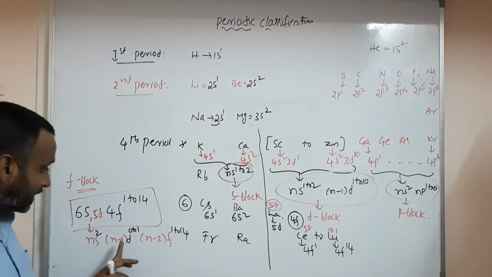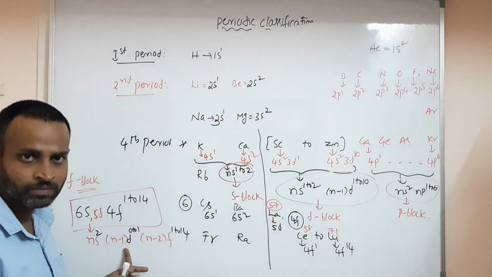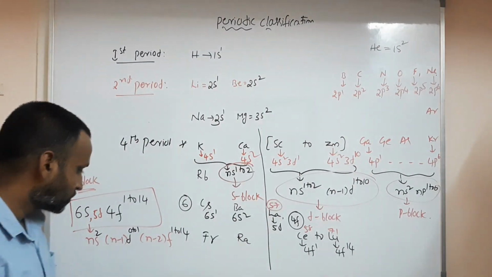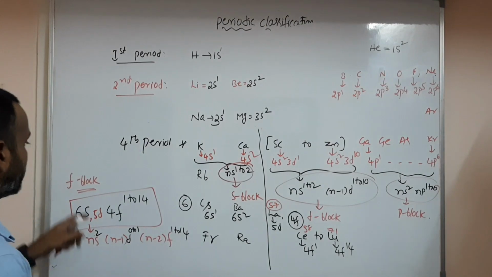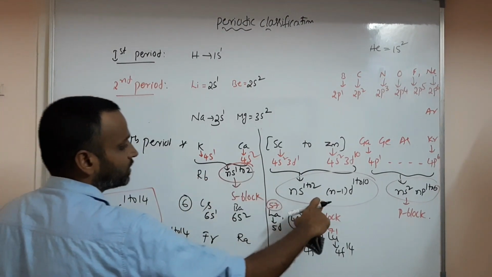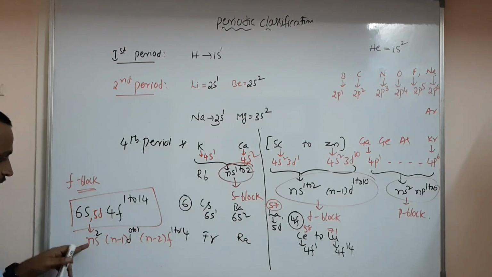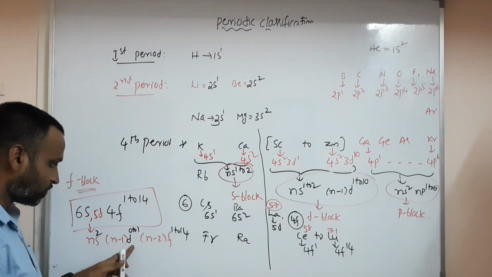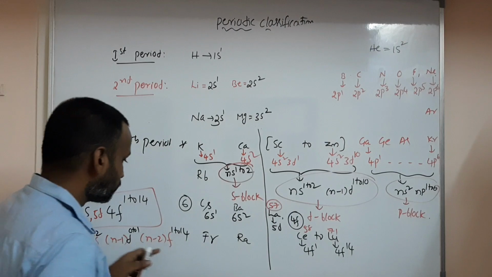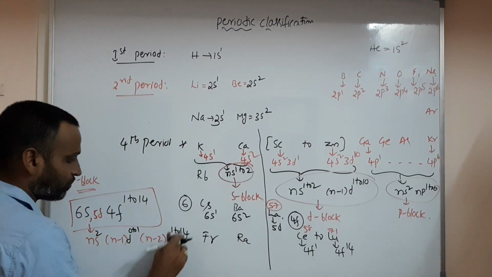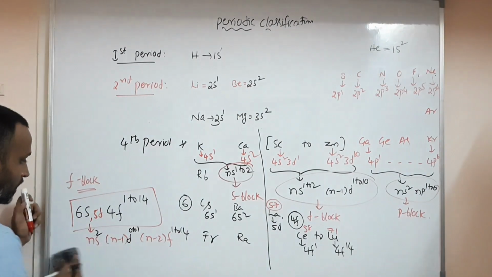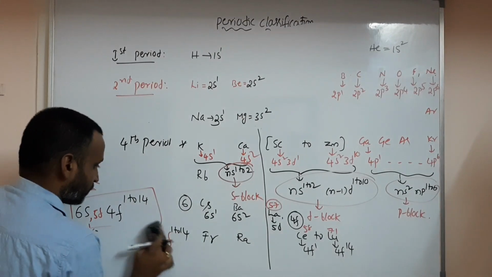Actually d1 normally. Understanding everyone? So these are about configurations of S block, P block, D block, F block: ns2, n minus 1 d0 to 1, n minus 2 f 1 to 14.